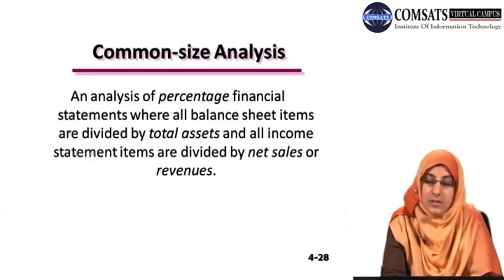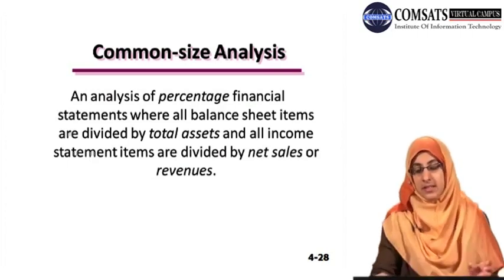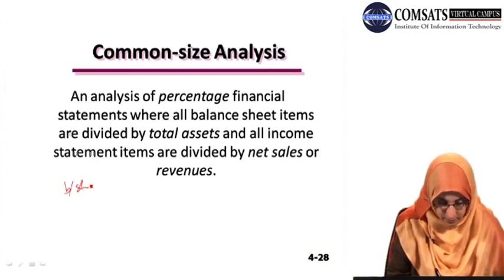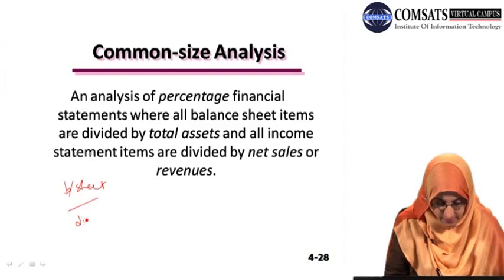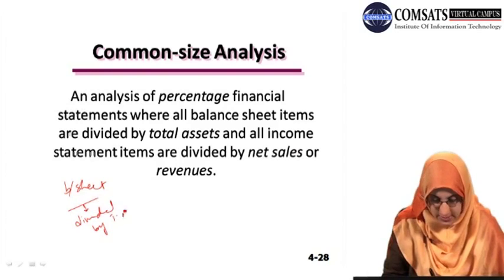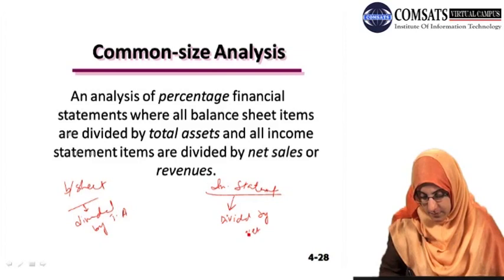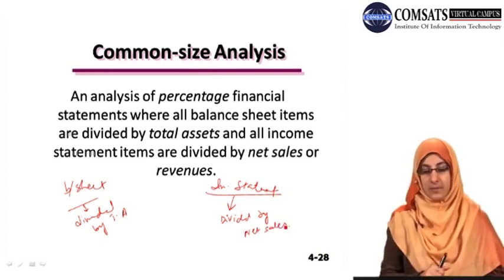Now it is the analysis of percentage financial statements where all the financial statement items are converted. One thing is very important to understand here: your balance sheet items are divided by your total assets, and your income statement items are divided by the net sales of the company.